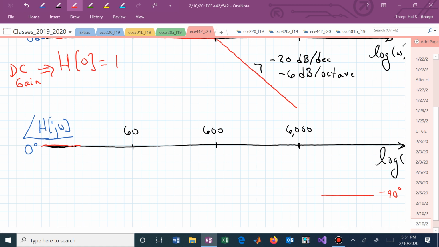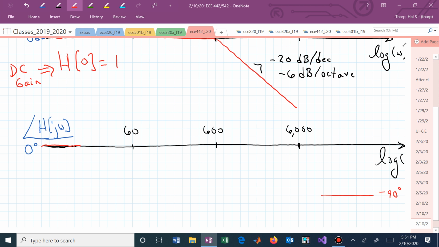Here, we just agree in this straight line sketch that we are centering this 90-degree change, which is 0 to minus 90, on the break frequency, which is the pole location, 600. We're centering the minus 90-degree change with a straight line over the 2 decades bordering 600.